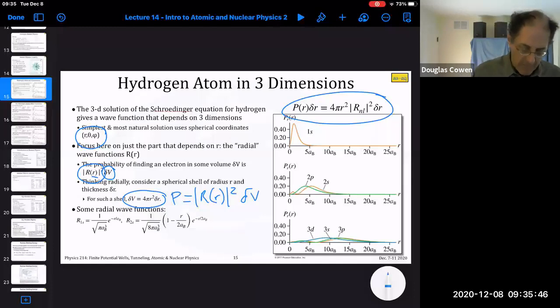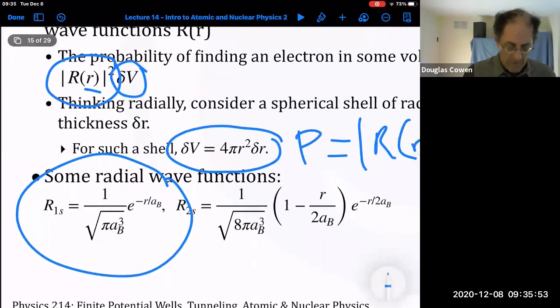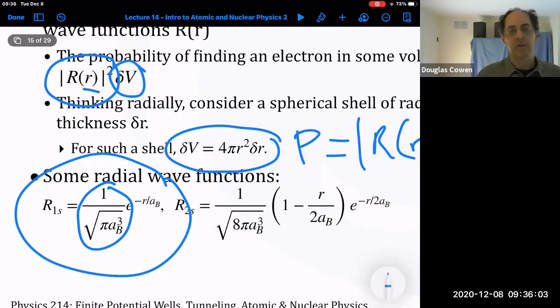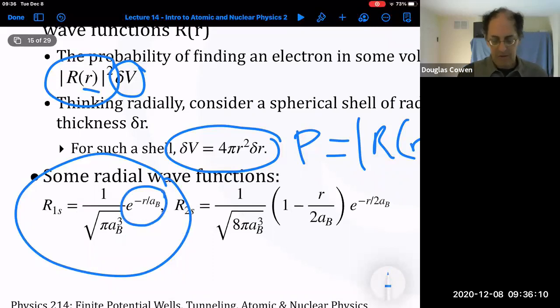Down here are some of the possible radial wave functions. We can focus first on the simplest one, this one. It shows that there's some normalization out in front. This normalization is there to make sure that when you integrate from 0 out to infinity for r, you end up getting a unit probability. And then there's this exponential, which basically says that this electron is going to be less and less likely to be found farther and farther away.